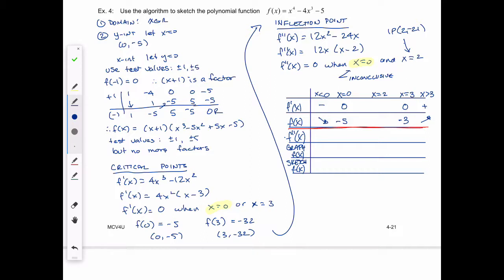If I were to put in a value between 0 and 2, let's say for example 1, do I need to do that? Let's check it out. So if I put in 1, positive, negative, so it means it's still going down. And between 2 and 3, it's going to be a negative, it's still going down.